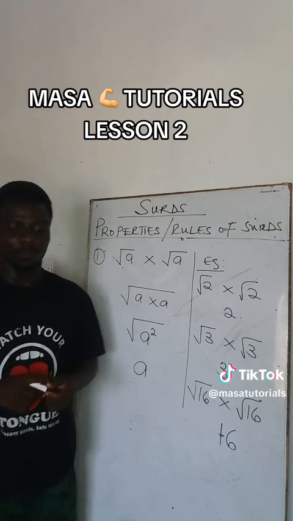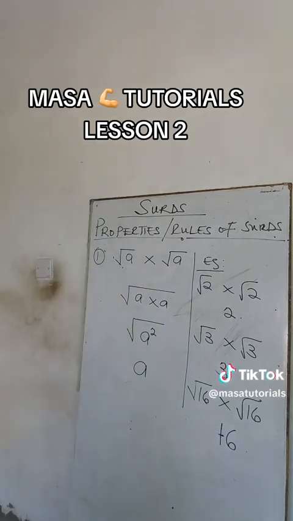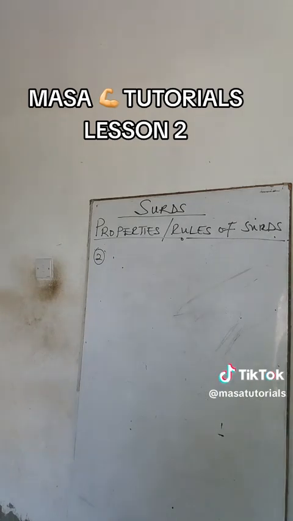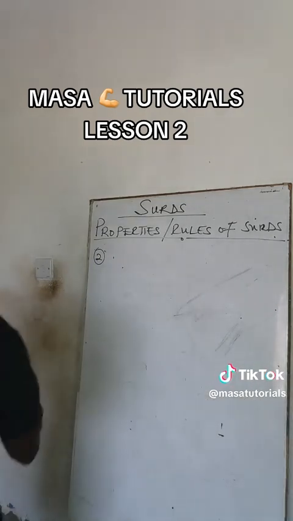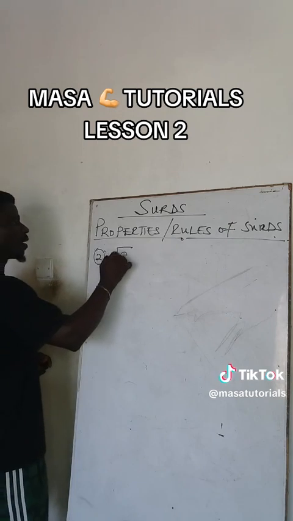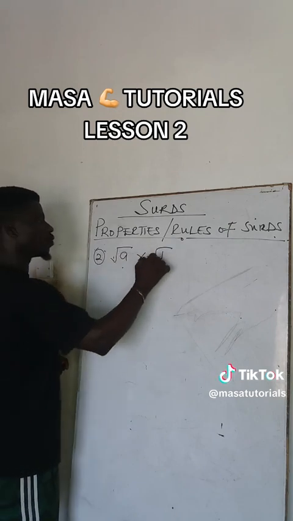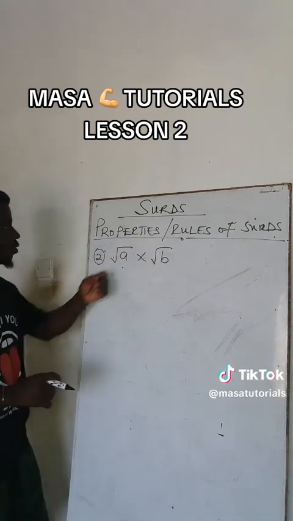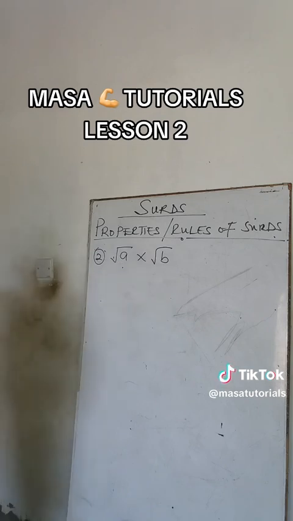Let's see the next property. Now, we still go: square root of a times square root of b.